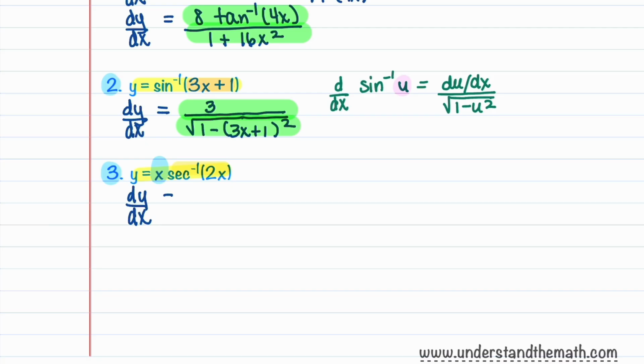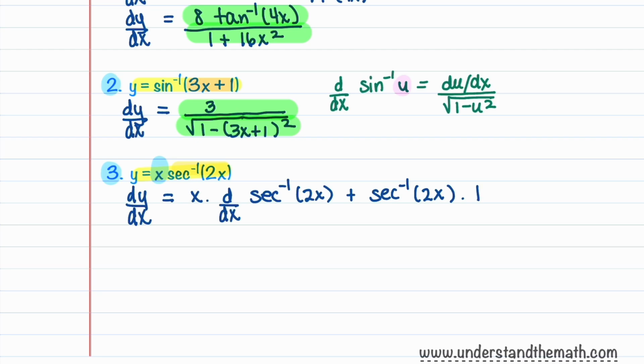So we are going to use the product rule. So this is the first times the derivative of the second. So I'm just going to write this as the derivative of inverse secant of 2x plus the second, which is inverse secant of 2x, times the derivative of the first. The derivative of x is just 1.